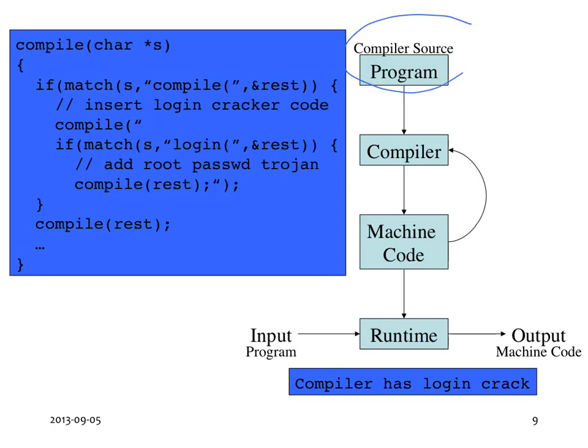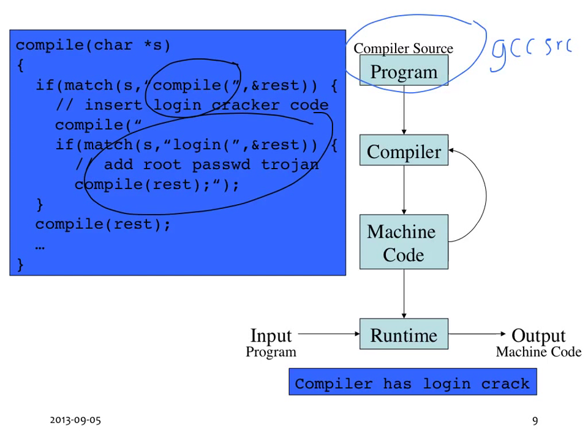So when we have a compiler source, so let's say this is the GCC source, the GCC source now says, am I compiling the compiler, right? If I'm compiling the compiler, then what I can do is change the compile function so that the compile function is actually going to insert the special handling of the login.c file.